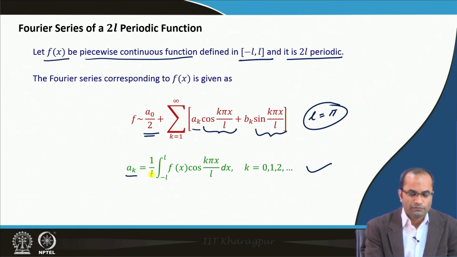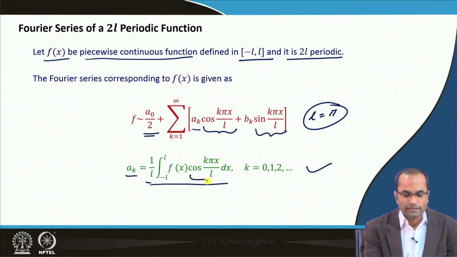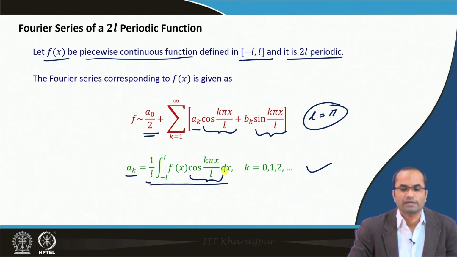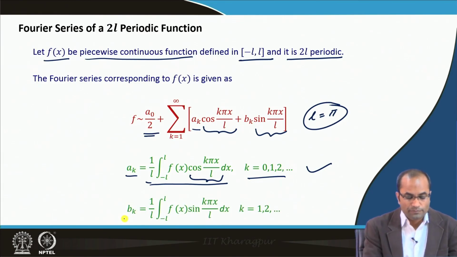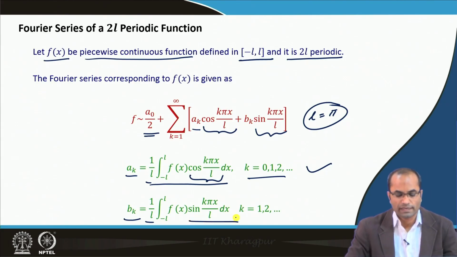So, a k we have here 1 over L instead of 1 over pi. So, 1 over L, and then the integral from minus L to L of f x, and then here we have the cos term, cos k pi x over L, and then k goes from 0, 1, 2, 3 etc. The b k is again 1 over L, and then instead of cos we have sin k pi x over L, and k in this case varies from 1 onwards.